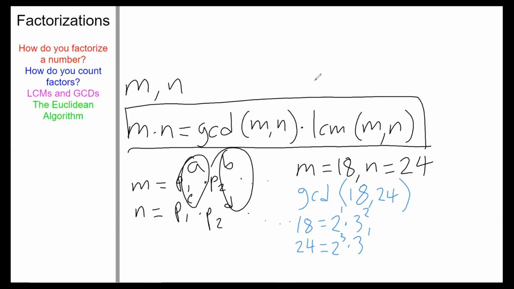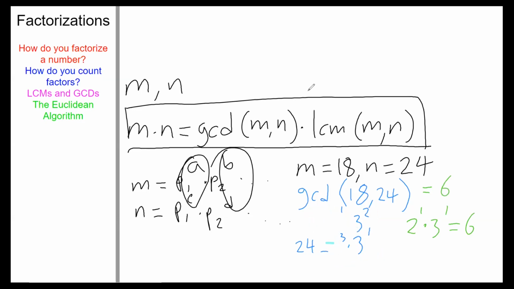When we compare 2 to the 1 and 2 to the 3, the least one is 2 to the 1. And when we compare 3 squared and 3 to the first, the least one is 3 to the first. And 2 to the first times 3 to the first gives 6. So we know that the GCD is 6.